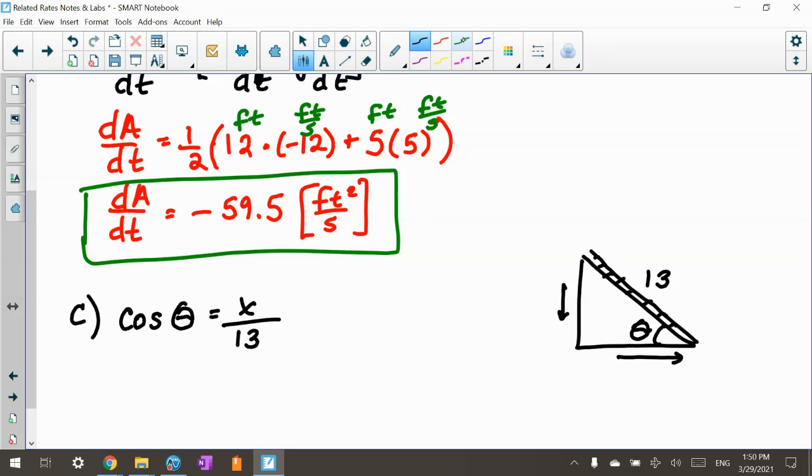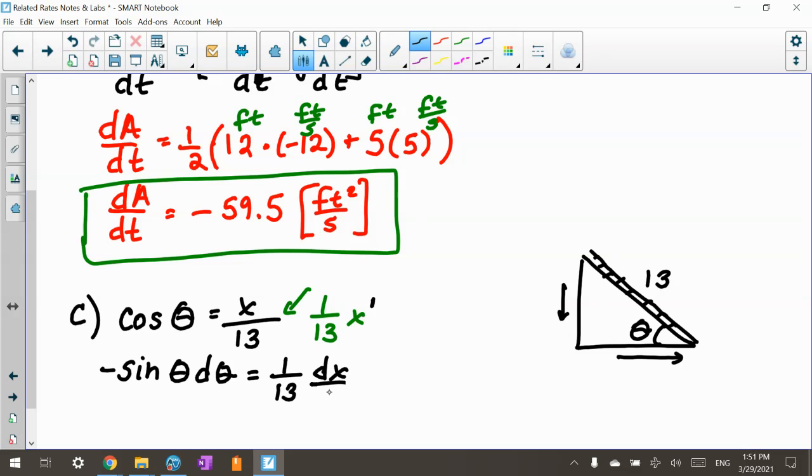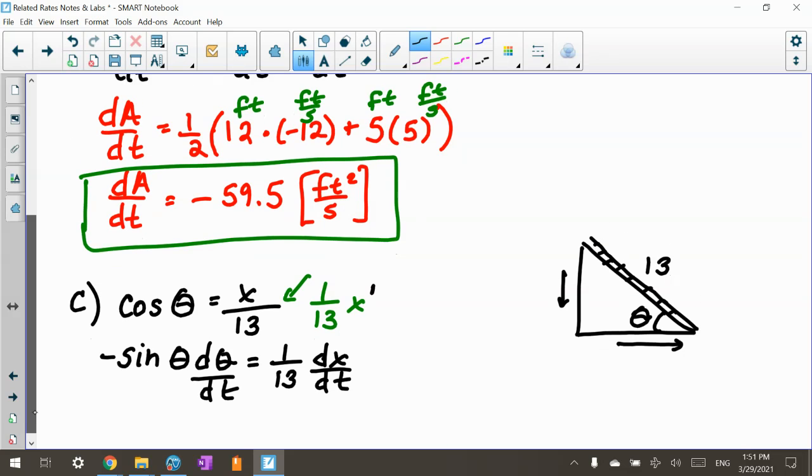I want you to think of this as 1 over 13 times x, okay? Now we're going to find the rate of change of my angle. So the derivative of cosine is negative sine of the angle, d theta, and the derivative of this side is going to be, think of this as a 1, it's going to be 1 over 13 dx, and then we'll just divide through by dt, okay?